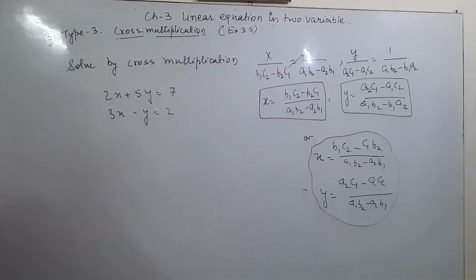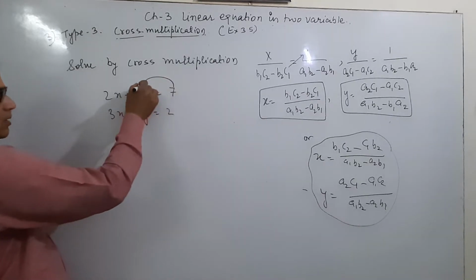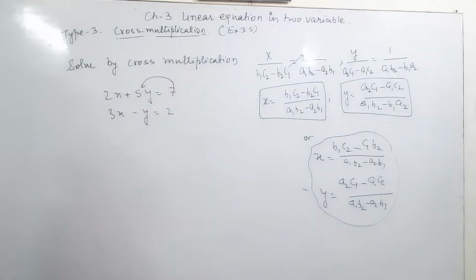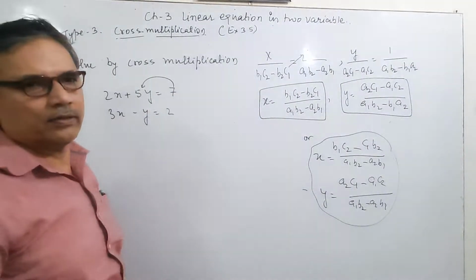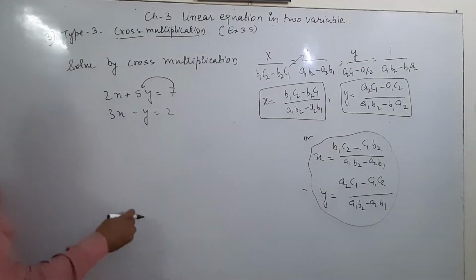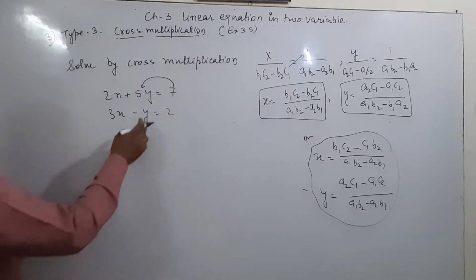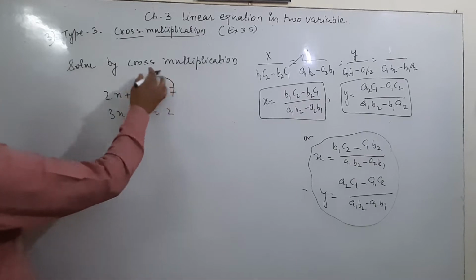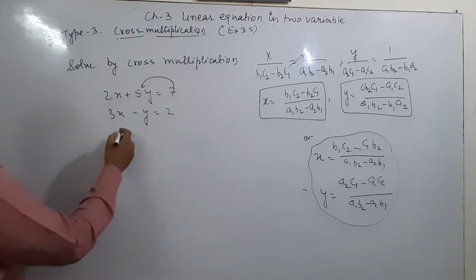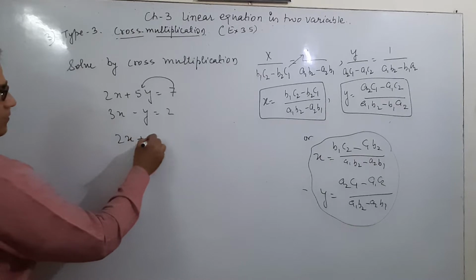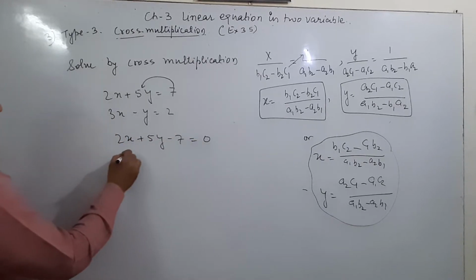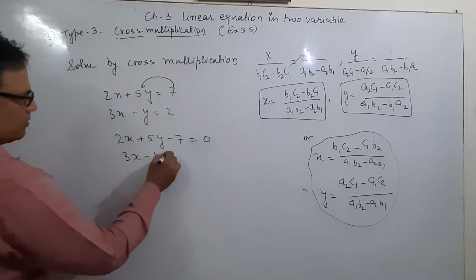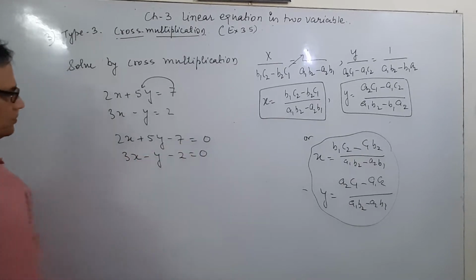First, either you take the constant on the left hand side, or you write the same, but then you have to put the minus sign. So we change from right to left. The answer is 2x plus 5y minus 7 is equal to 0, and 3x minus y minus 2 is equal to 0.